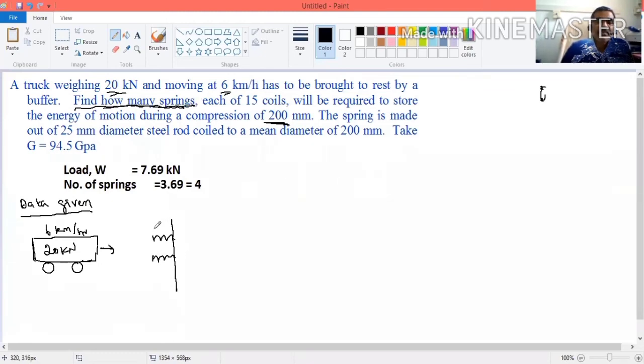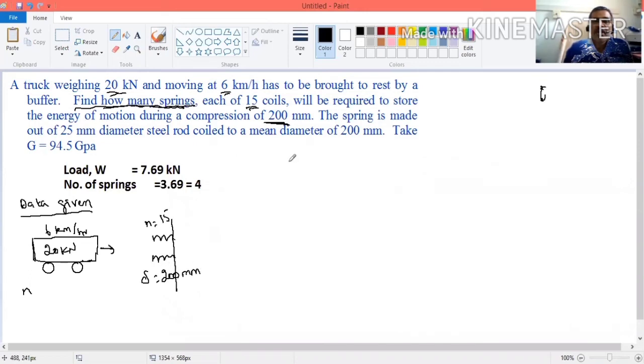So here generally we take n is equal to the number of coils. Here the number of coils is given. The springs have how many coils? n is equal to 15 coils. It has 15 coils, and the compression delta of the spring is 200 millimeter.